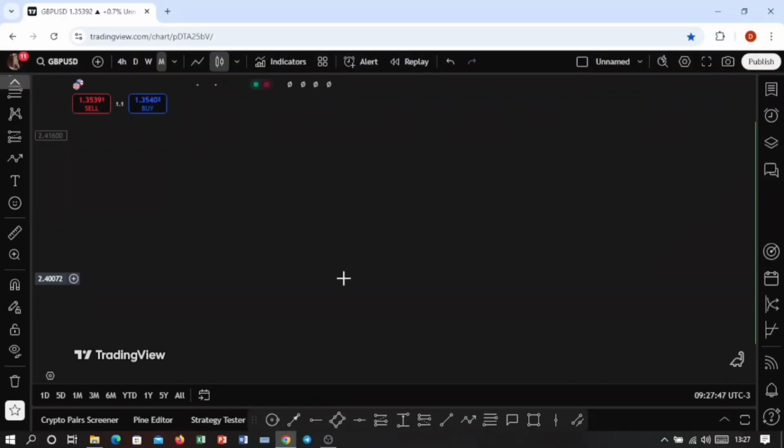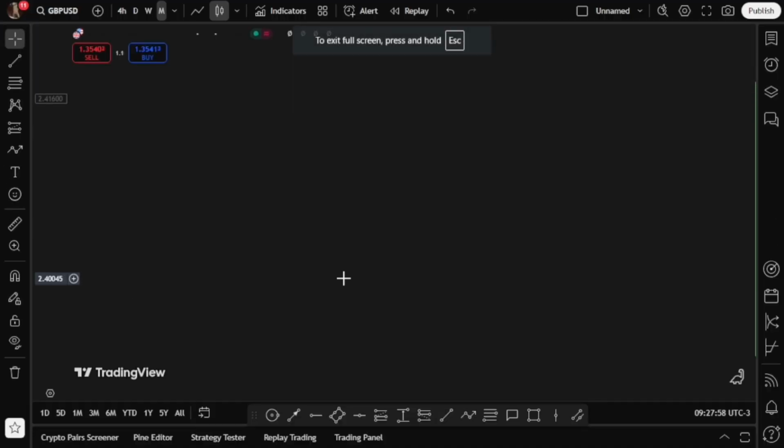Yo guys, so now we have been able to identify an uptrend, we have been able to identify a downtrend. Now we go to the third trend, which is a sideways trend.